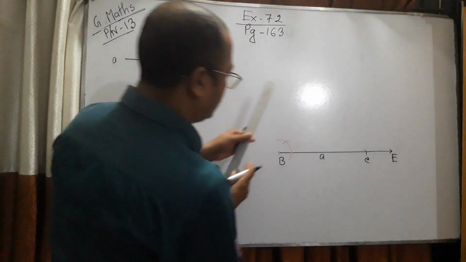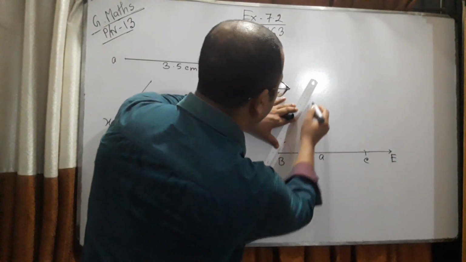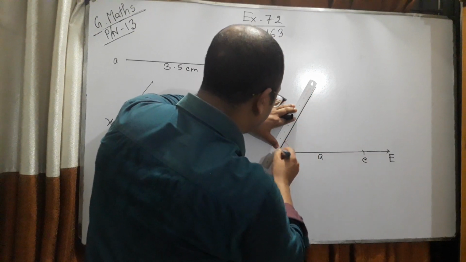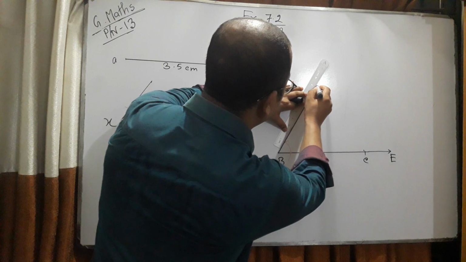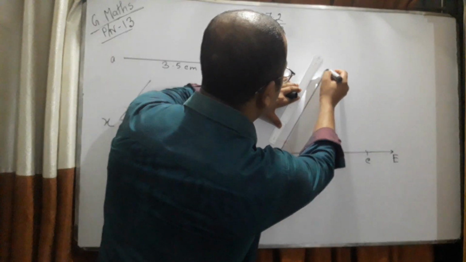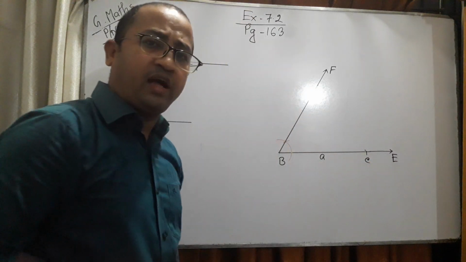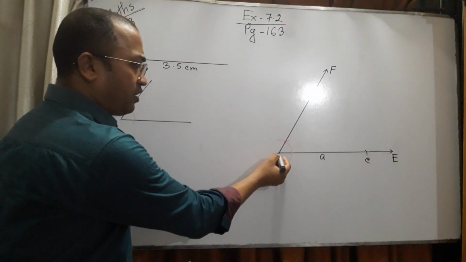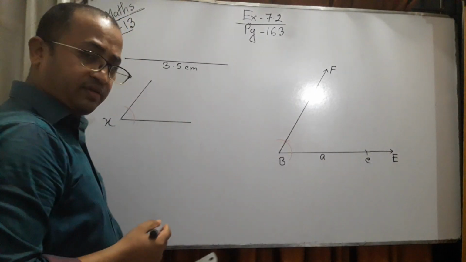So, join these two lines. This is angle CBF. So, at the point B, we draw our angle CBF equal to x.